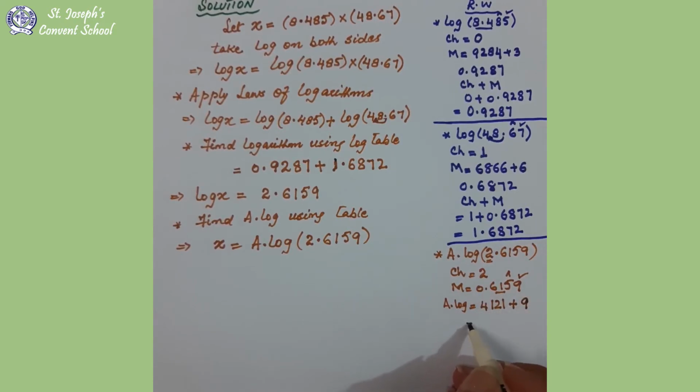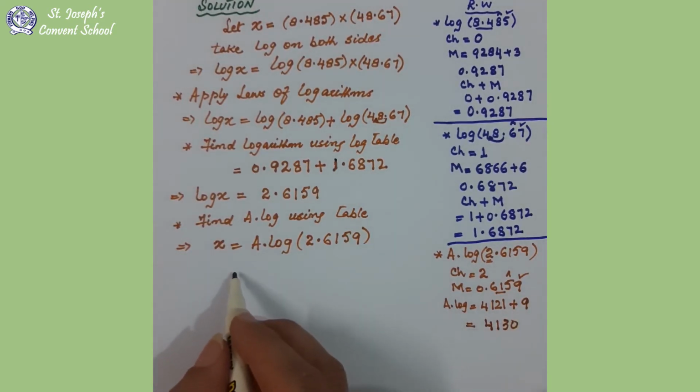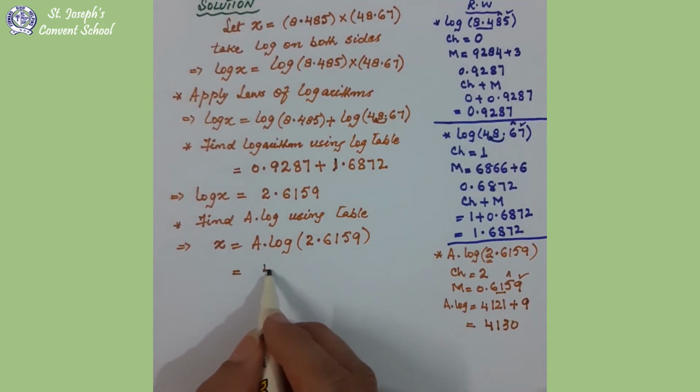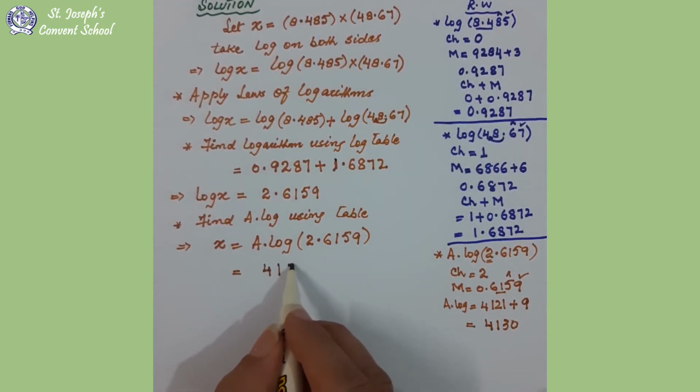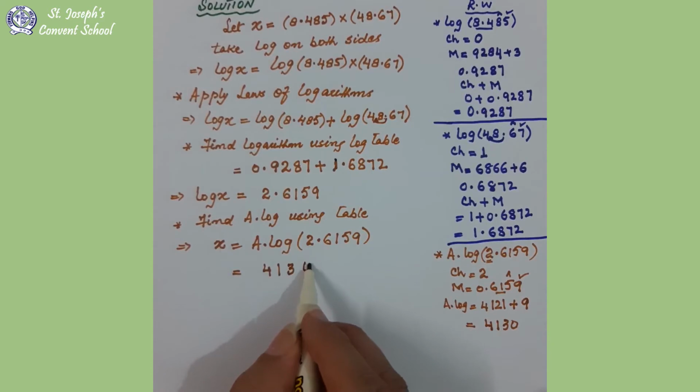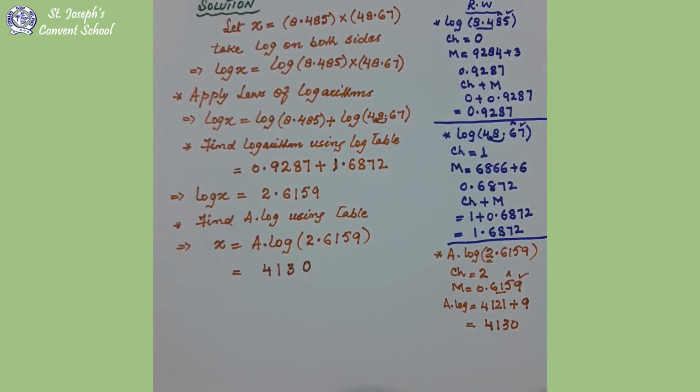So after adding, it is now 4130. Okay, add these two, you will get 4130. Now where to put the decimal?